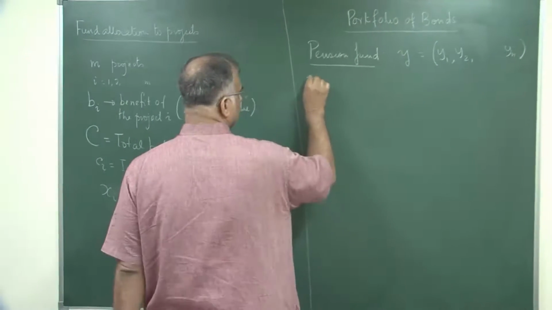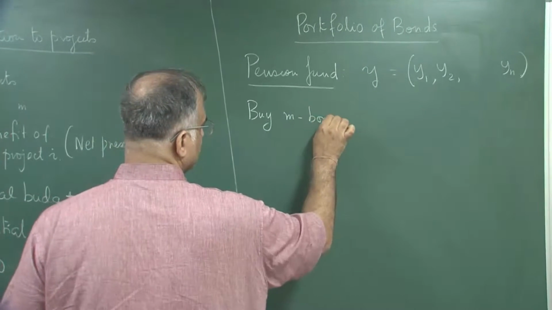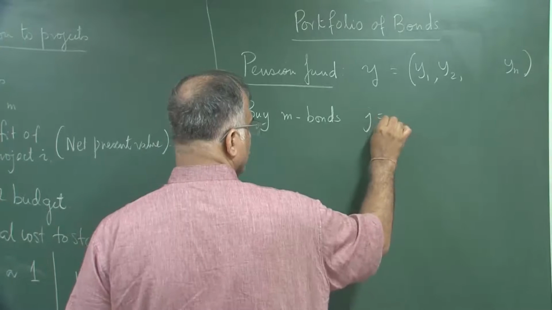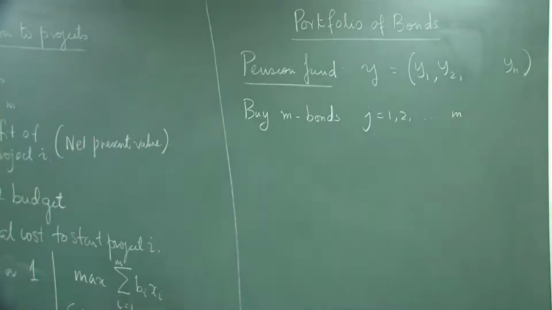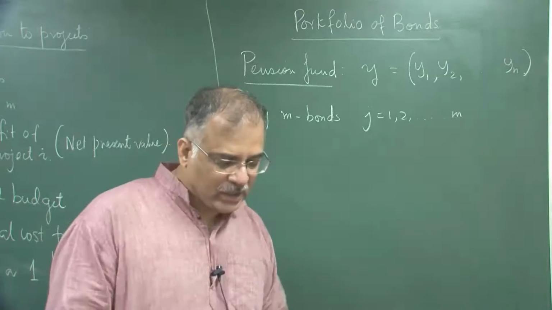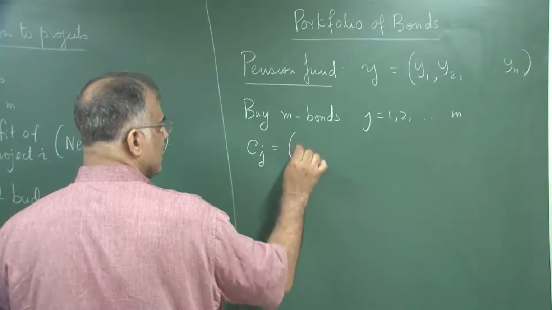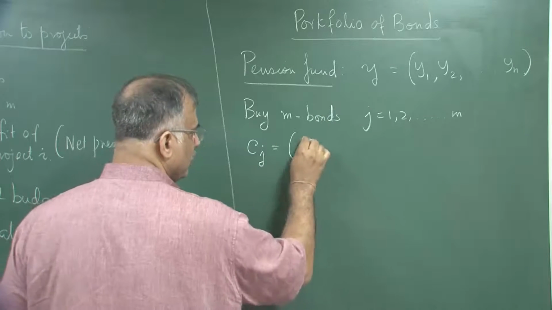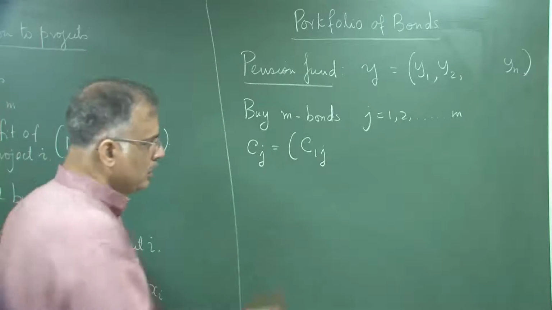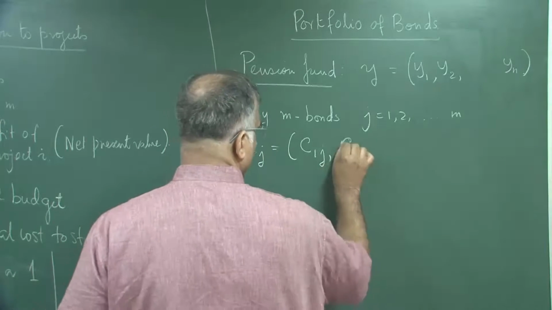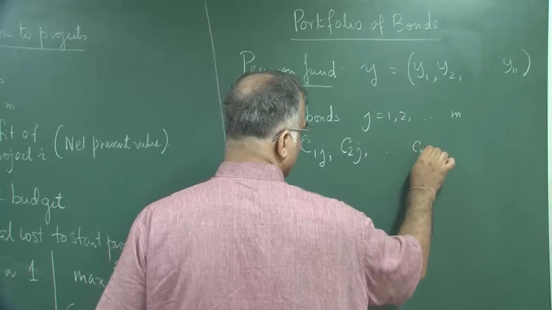So buy M bonds, which are indexed by J. J would denote a bond. So there are M bonds in the market and I buy them. Each bond J gives me a cash flow, say at 6 months from now, C1J, from further 6 months C2J, and so on till CNJ.